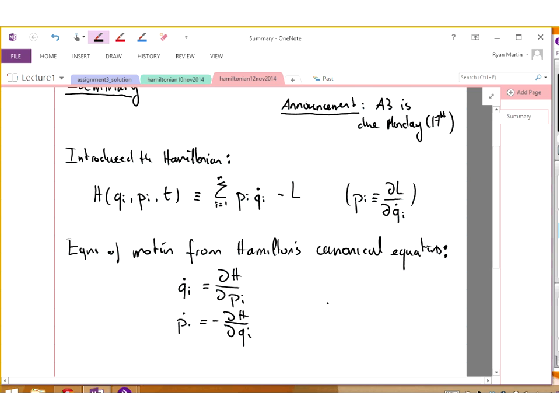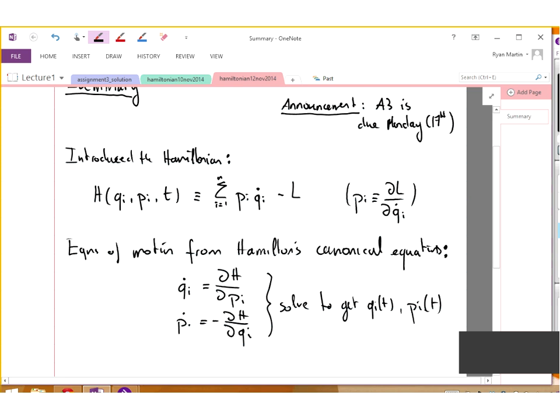And so if you solve these, you can get q_i(t) and p_i(t), which of course describes the system.